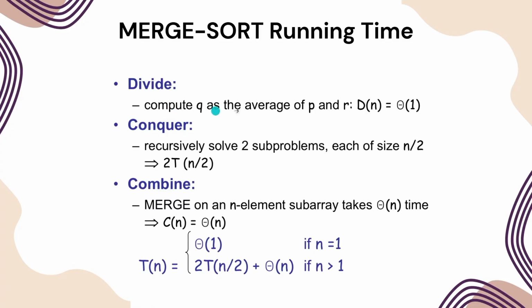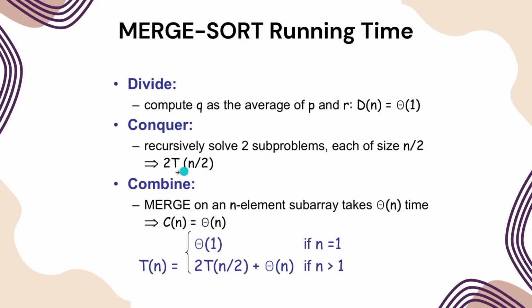When we look at the running time of merge sort, we are computing the midpoint every time for the partition, which is q, and we take p plus r by 2. For the division step, you take a constant amount of time, so it is order of 1. For the conquer step, as you know, we will be recursively solving two sub problems, and each of those sub problems will be of size n by 2.